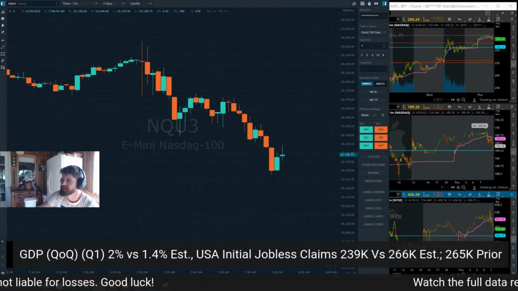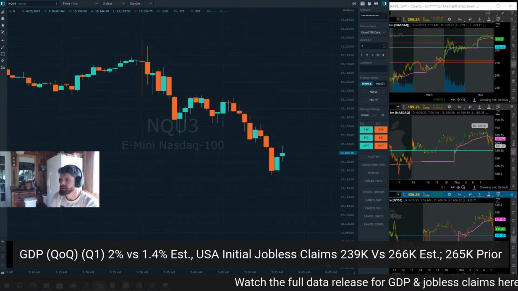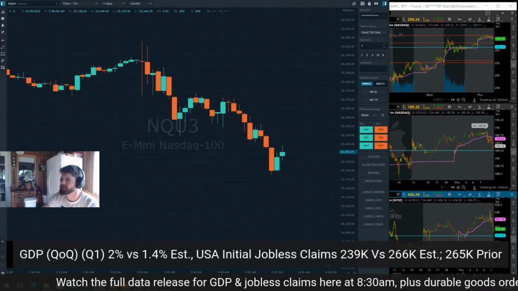I'm going to edit this and say both of these signal economic strength instead of growth. Growth is a little bit touchy. Strength is really what it is.